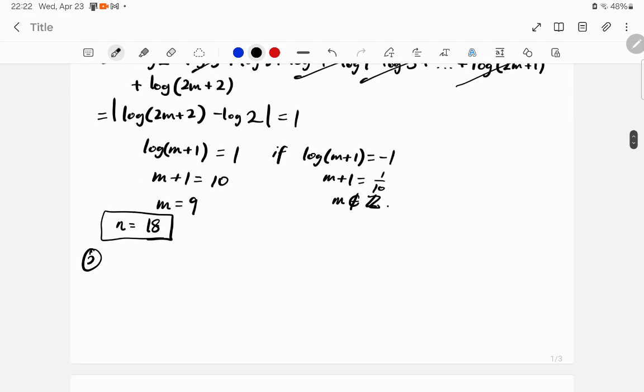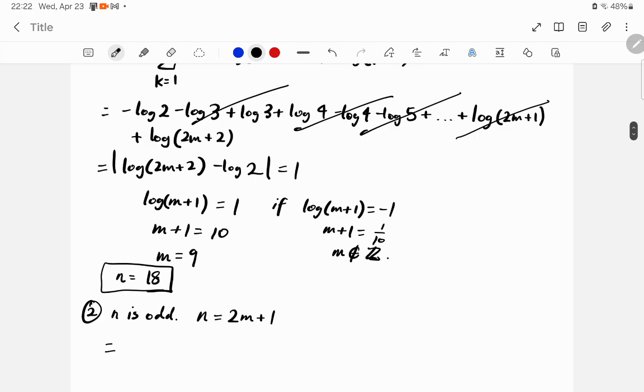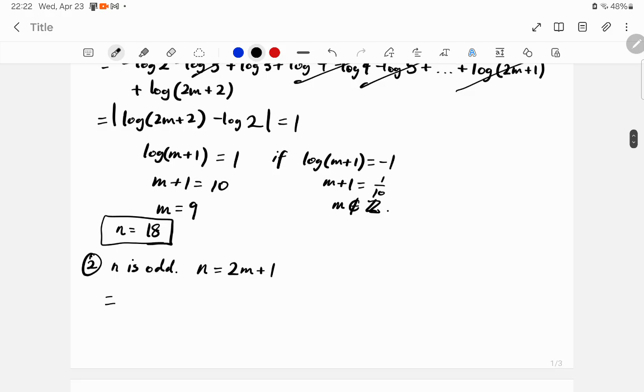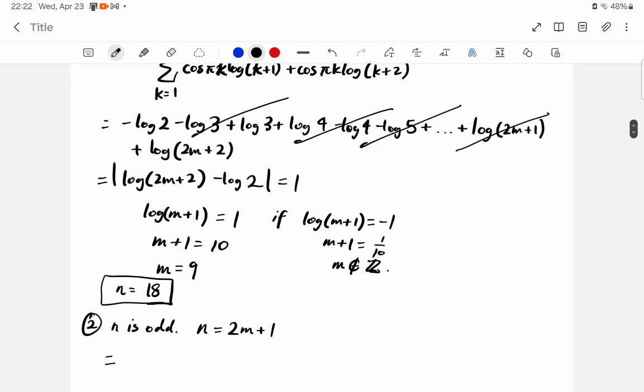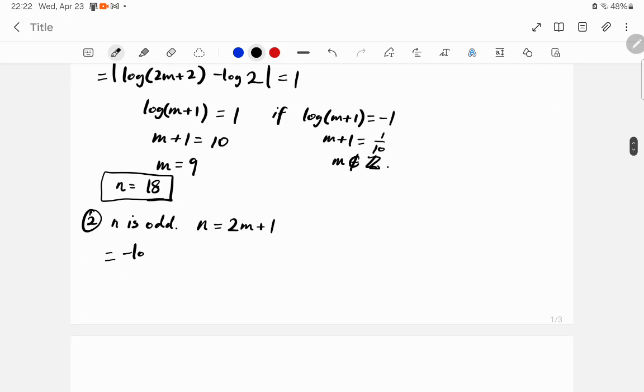And now we just need to consider the second case, which is when n is odd. So we're going to let n be equal to 2m plus 1 for some integer m. And as usual, I can write down the first few terms of this expression. Since at k equals 1 the terms are the same, the first few terms still don't change.